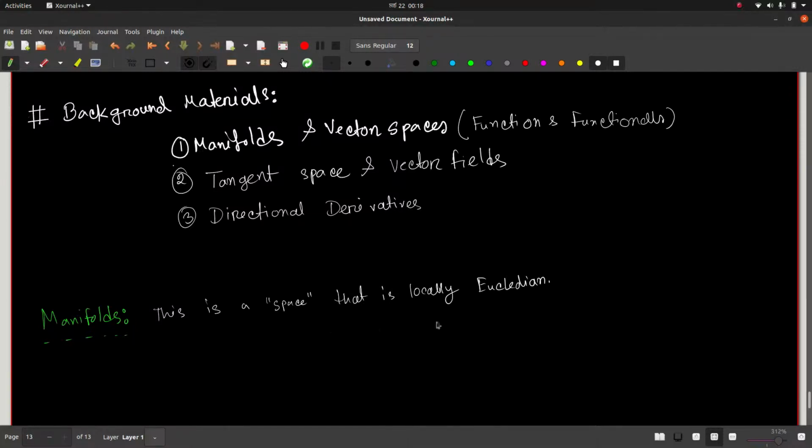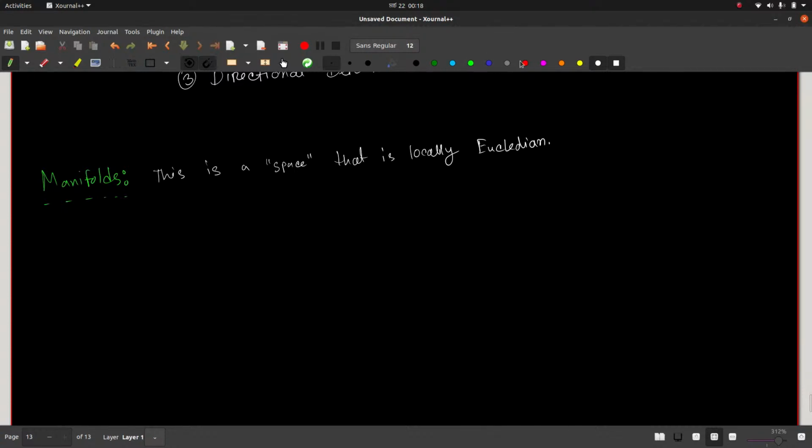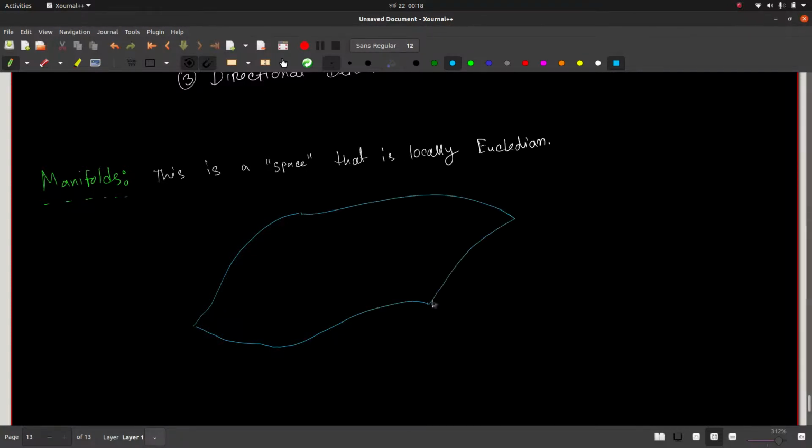So what do we mean by this statement? Think of the following. Let's say you have a rubber sheet like this, and you consider a point, let's say the point P, and a very small neighborhood around P. If this neighborhood is flat, then this is Euclidean.